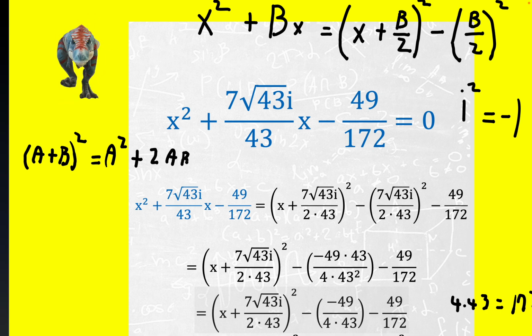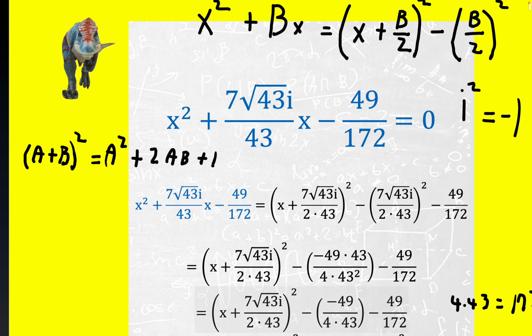And hopefully this will help you remember some people still memorize this complete the square thing without really knowing where it comes from. But this is why it all works, right, folks?